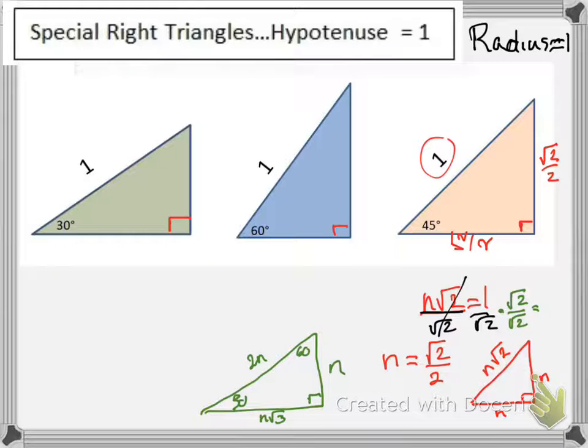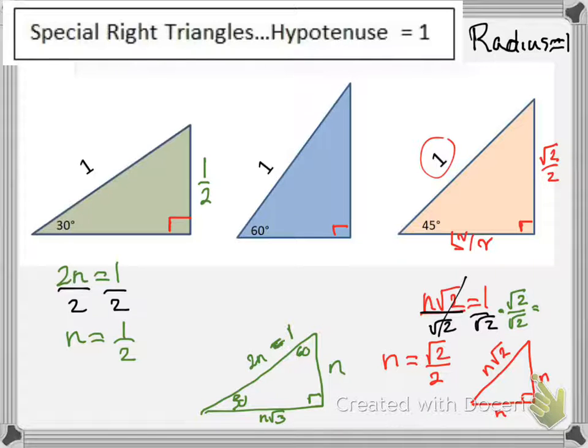In this case, I'm looking at a triangle where the 2n side is 1. So if 2n equals 1, and I want to get the n by itself, I will find out that my n side is 1/2. So in this picture, the side that's opposite from 30, the shortest side, should be 1/2.